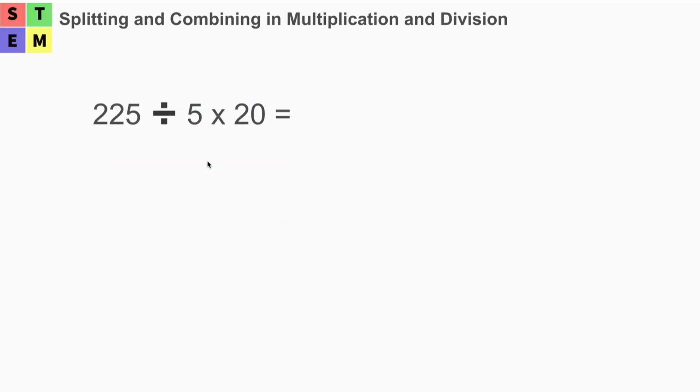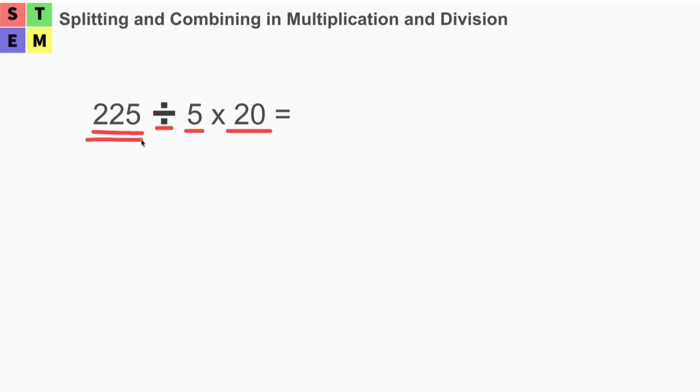So let's take a look at our final example here. Oh, we have division here. We got 225 divided by 5 times 20. So what can we do there? What is 225?